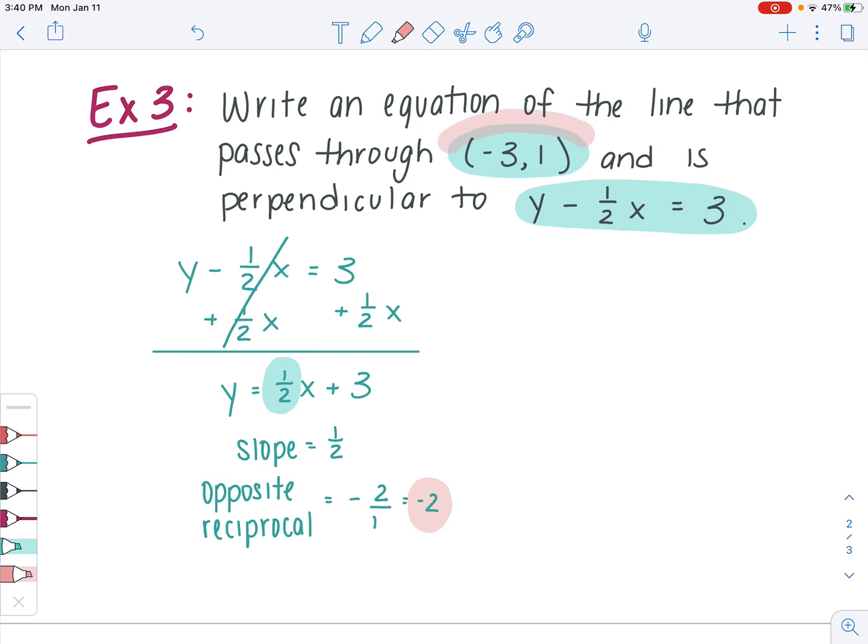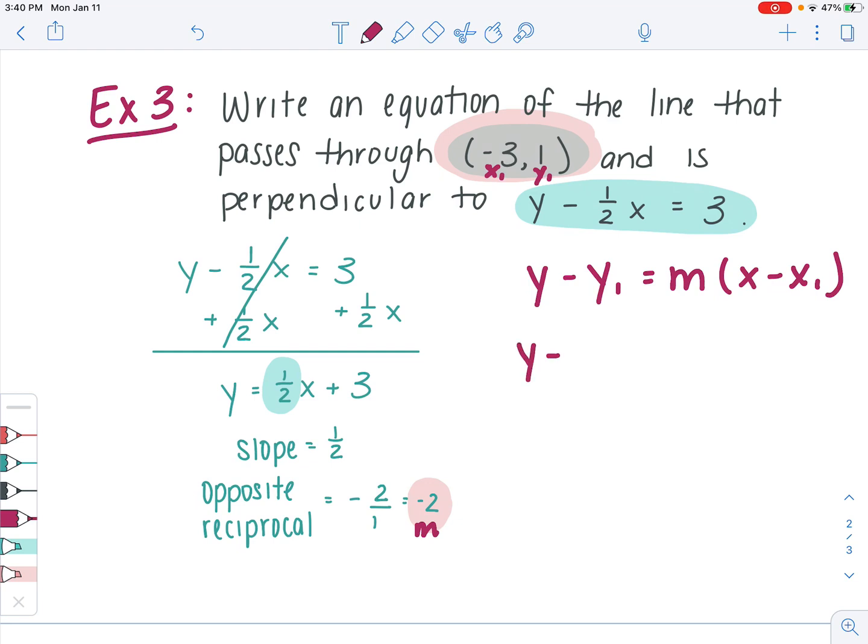I have this beautiful point that they already gave me, negative 3, 1, and I'm just going to plug that into my new favorite line equation, y minus y1 equals m times x minus x1, where this is my x1, this is my y1, and this is my m. So I'm just going to plug in what I know.